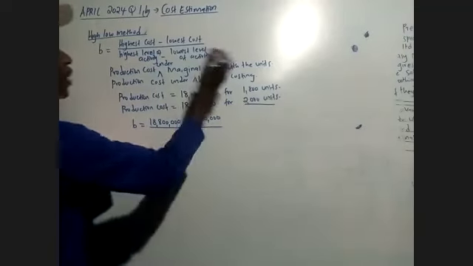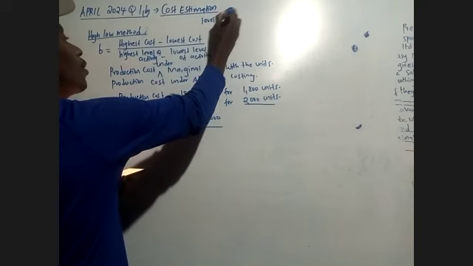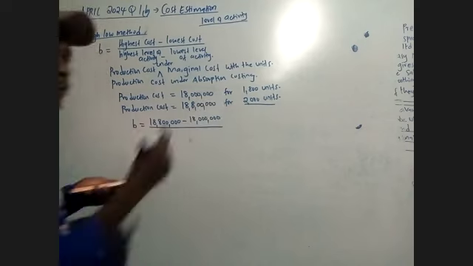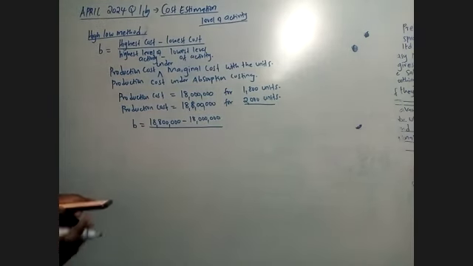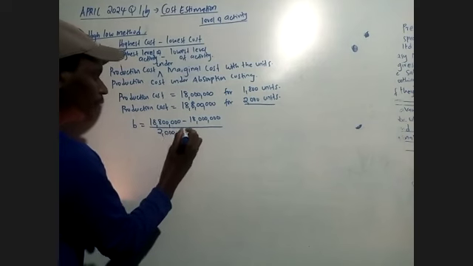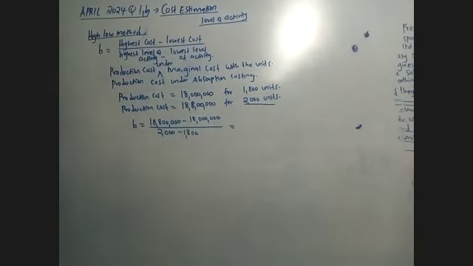When we talk about the level of activity, as defined in topic 1, the level of activity represents the number of units produced and sold, in short. So we have 2,000 units minus 1,800 units. So we shall find B.